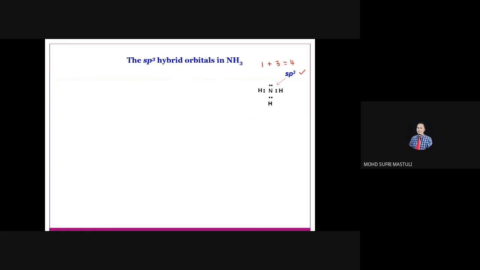So when the electron domain is 4, the hybridization is sp3. But the geometry is a bit different, because an electron domain of 4 is tetrahedral, but because of one lone pair, it's no longer tetrahedral. It becomes trigonal, what? It's not trigonal planar. It's not trigonal bipyramidal. It's trigonal pyramidal, because of only one pyramid.